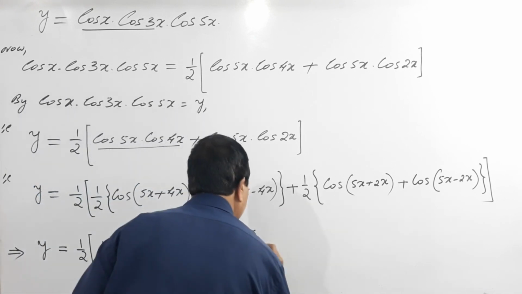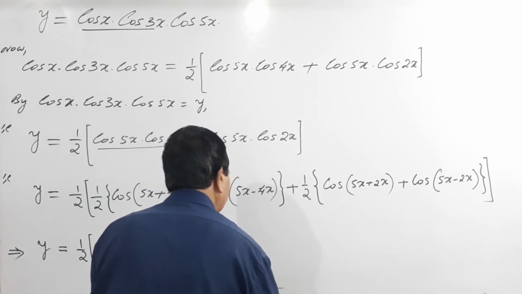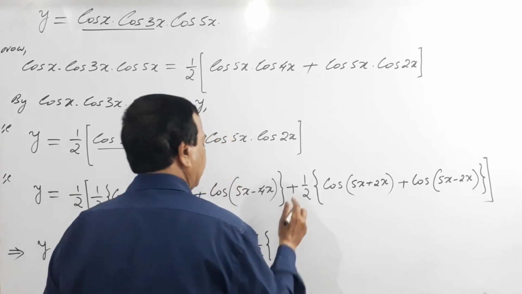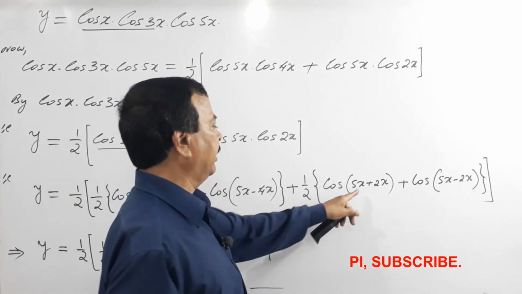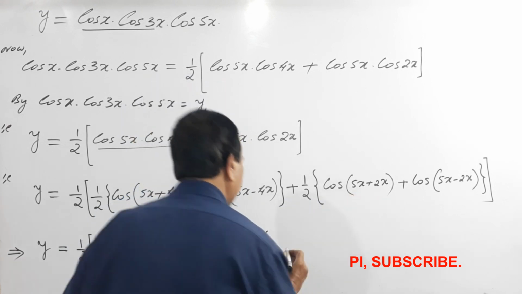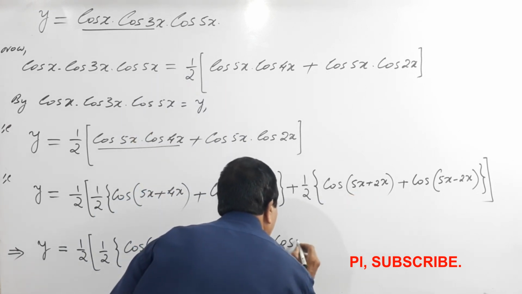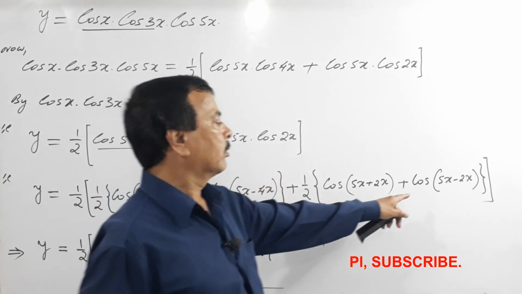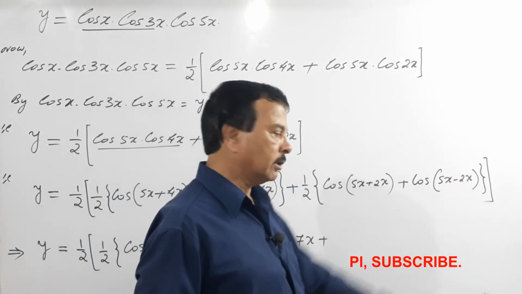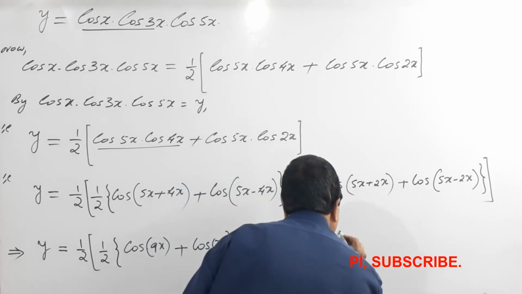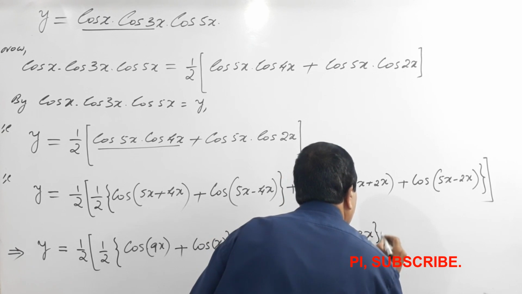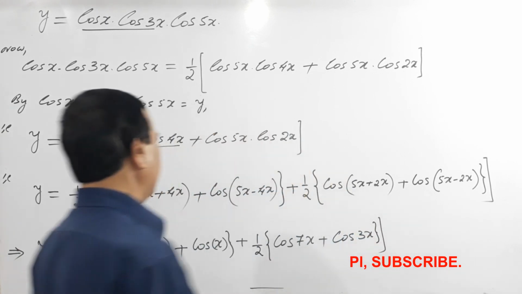Again here this is half, this becomes cos 5x plus 2x is cos 7x, plus cos 5x minus 2x is cos 3x.